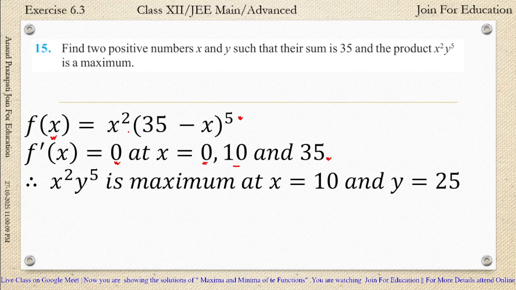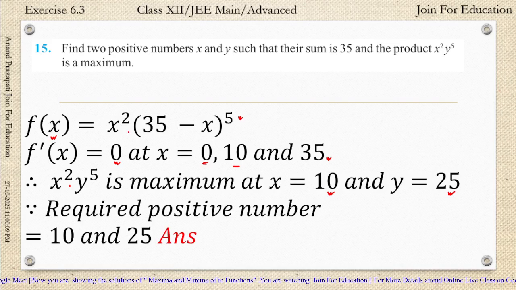Therefore x square into y to the power 5 is maximum at x equals 10 and y equals 25. So the required positive numbers will be 10 and 25. So this will be the answer of question number 15. Is there any problem understanding the solution of question number 15?